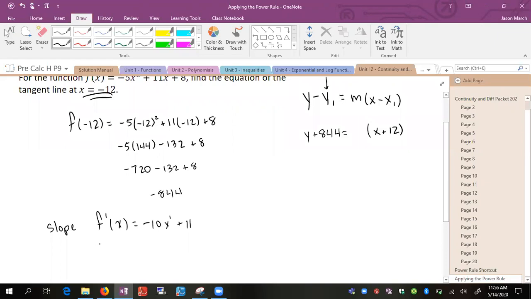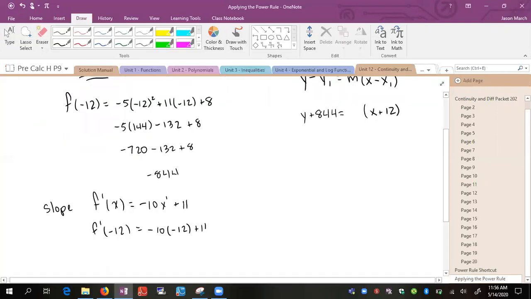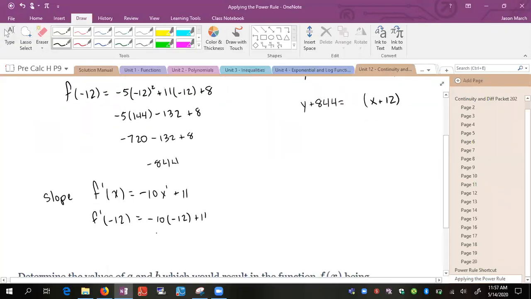And so then if we do f prime of -12, I can plug in -12 into this. So -10 times -12 plus 11 is 120 plus 11, so 131.